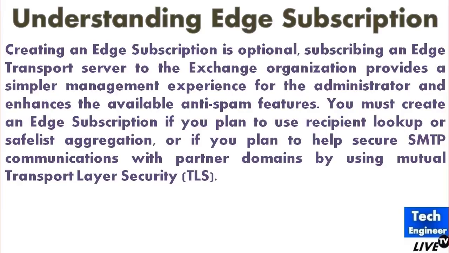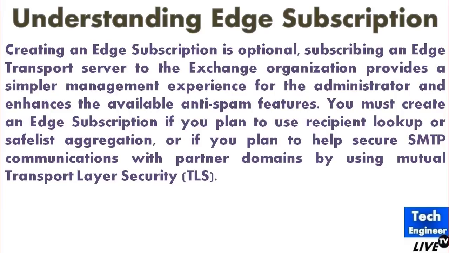Sometimes, in the internal network, everything is validated and everything is okay for you. But when it comes to the mail flow coming from outside, you have to secure that.